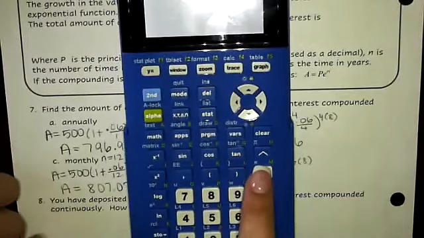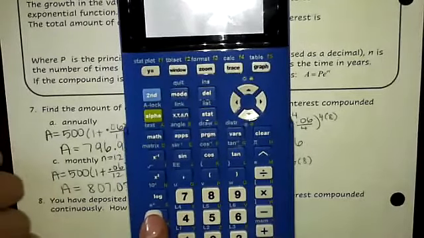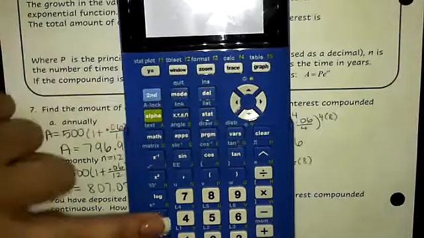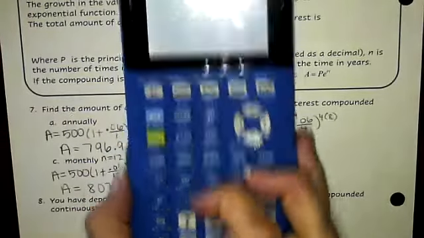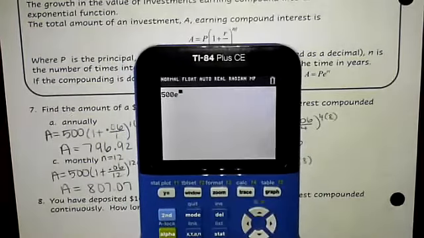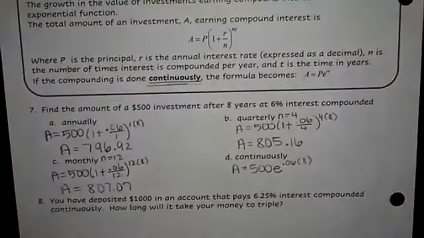There's one right above the division, and then the one that has e and automatically raises it to a power is the one right over the natural log. So you hit second natural log, and it will type the e ready to go into the power there. So 0.06 times 8. That's how we do the continuous. And so that would be 808.04.